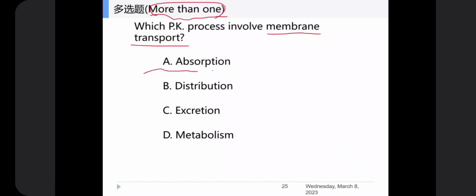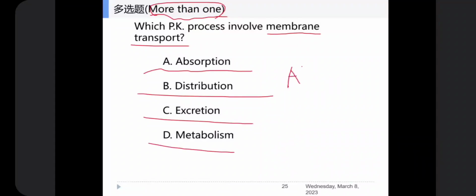All four processes involve membrane transport. Once again, all the four major processes have membrane transport. Before I say something else, I just wanted to tell you all these processes.